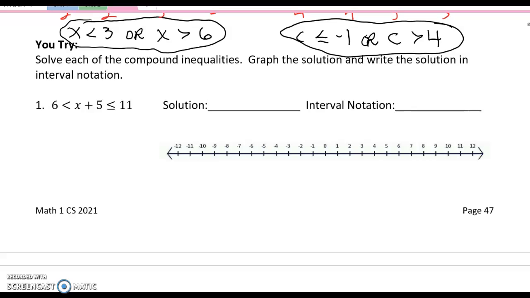All right, let's see what you can do here with example number 1 for the U try. Again, we're back to a compound and inequality, a three-part inequality, where the variable is in the middle. So let's see what you get here.